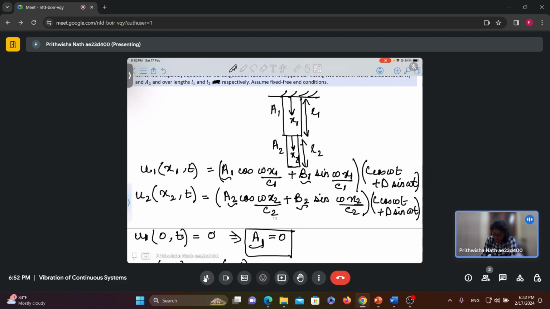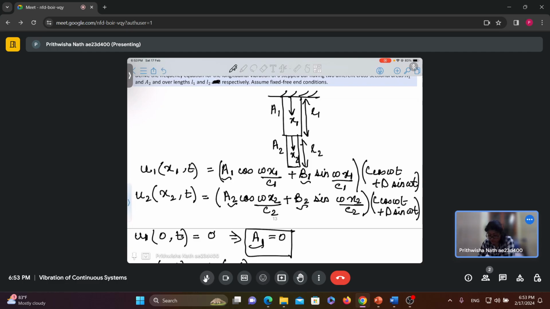So U1 we considered as A1 tilde cos omega x1 by c1 plus B1 tilde sin omega x1 by c1, whole multiplied by C cos omega t plus D sin omega t. And for U2 it is A2 tilde cos omega x2 by c2 plus B2 tilde sin omega x2 by c2, into C cos omega t plus D sin omega t.